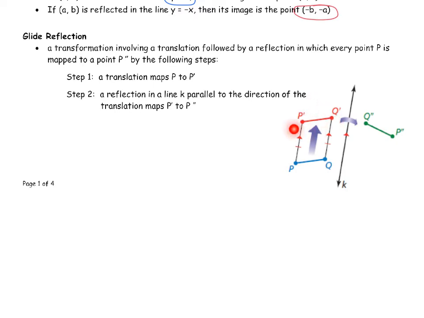So it would move from here to there. And basically, in reflection you want it to be an equal distance from the line of reflection. So notice that's why here Q is closest to line K, because on the other side it is closest to line K. So they're going to be equal distance from the line that they're reflecting over when we do reflections.